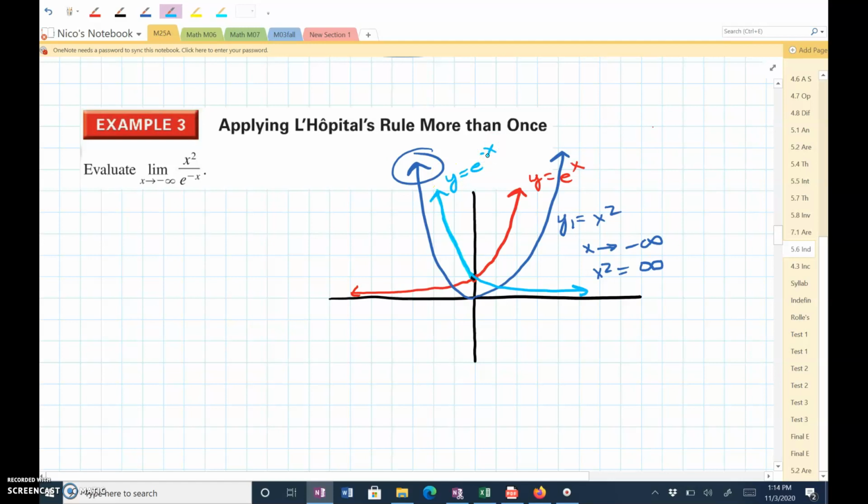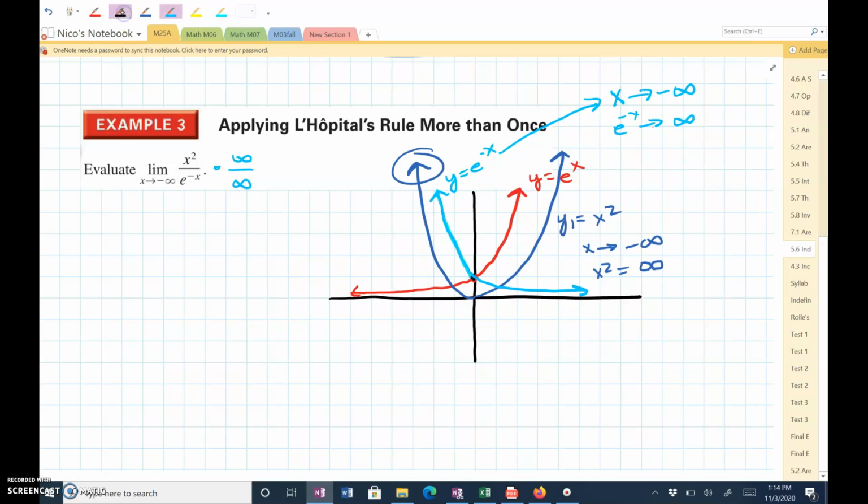So notice here, as x goes to negative infinity, e to the negative x would go to positive infinity. So this is going to be positive infinity over positive infinity.